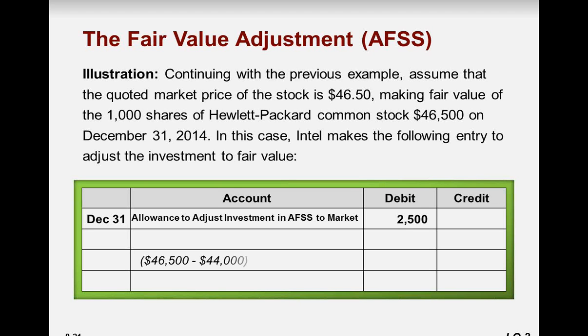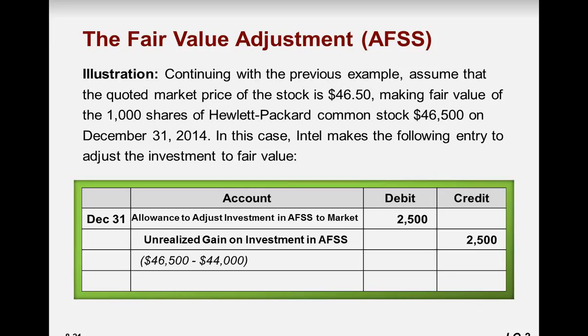So in this case, our stock went up to $46.50, which was an increase of $2,500. So we have an allowance to adjust our investments, our fair value stock adjustment, and we have an unrealized gain.